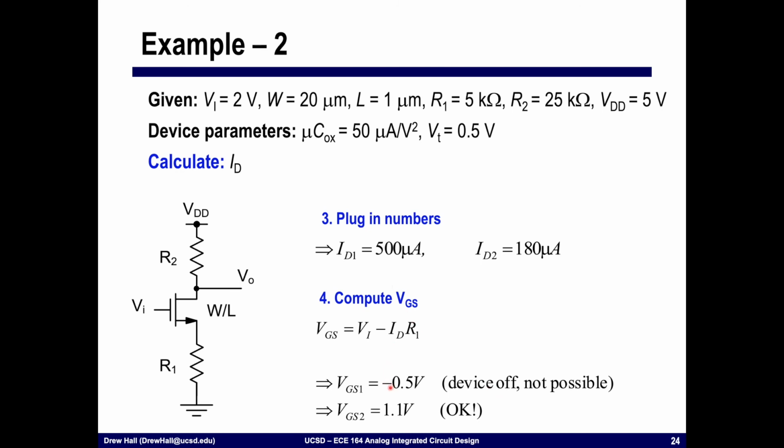It can't be minus 0.5 volts, because then the device would be in cutoff. So I know that ID equal to 500 microamps is not correct. So ID has to be 180 microamps, which gives me a VGS of 1.1 volts.